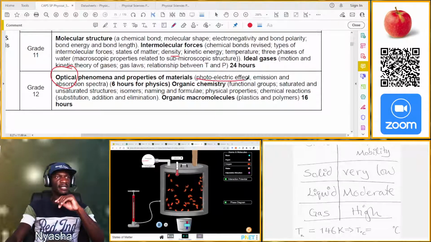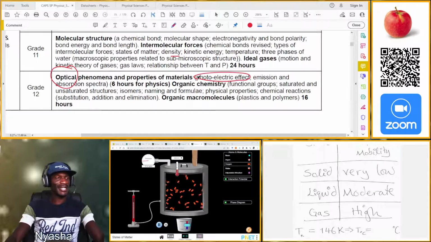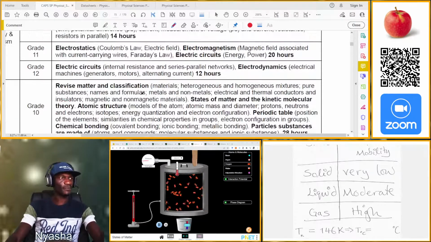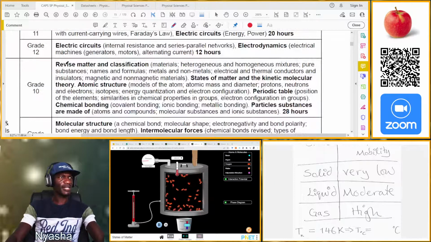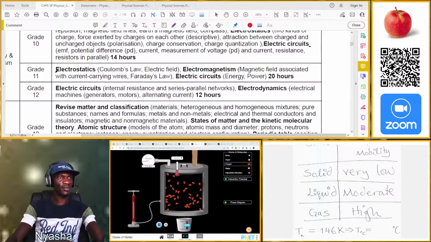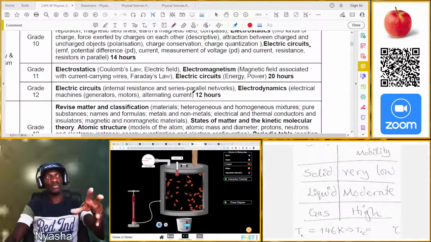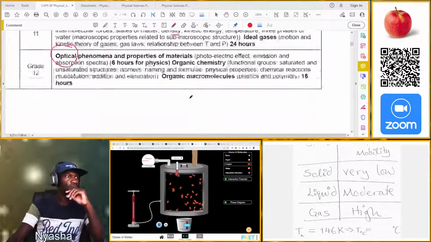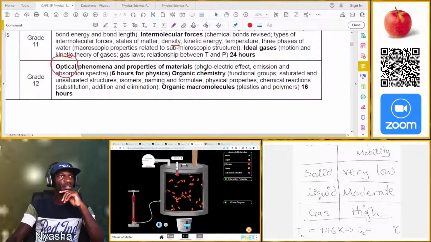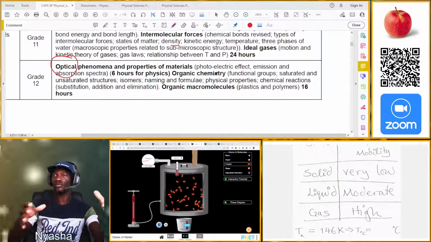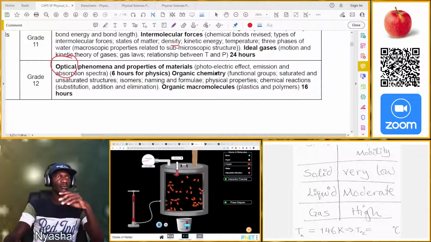So the physics part is electricity, electric circuits. Sorry, this is for grade 12. Let me rather go to this part. Yes, electric circuits, which is still in grade 11. So that part, you will now make use of in grade 12, when you look at the electric properties that are associated with the photoelectric effect.